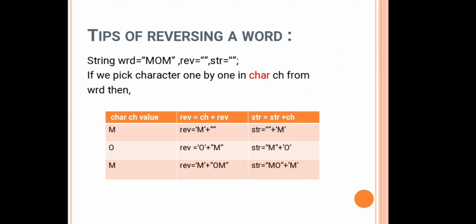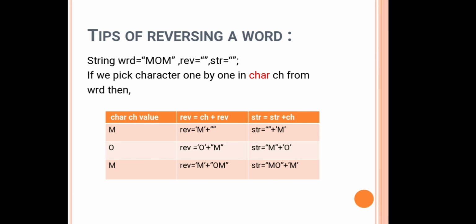If we pick O from position one, then what will happen? In the same line, REV already contains M, but now as a string, and we place O in place of CH and concatenate it. We get OM in REV as a string, because we are concatenating a character with a string.